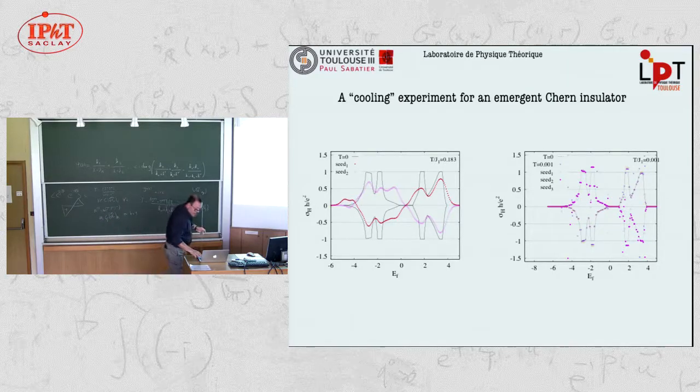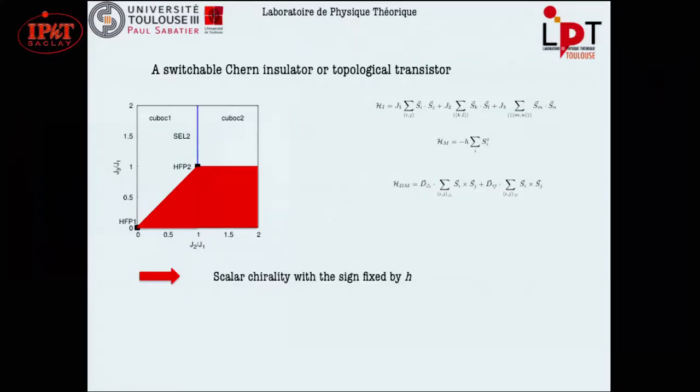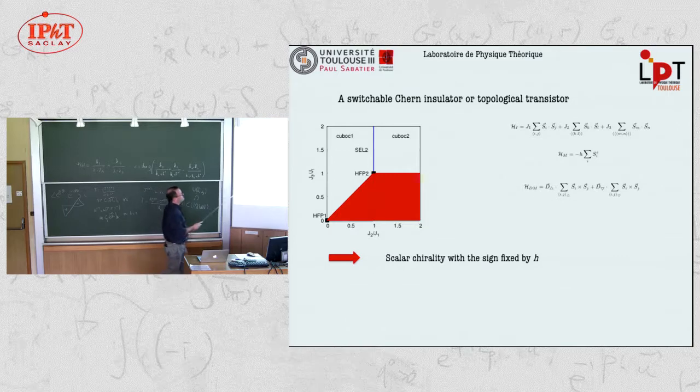Okay. Another idea that I wanted to share with you is that let us go back to our classical spin model. And we can focus on all this area, which is the Q equals 0 area, the same as before. But now we take a Dzyaloshinskii-Moriya term which has the same sign for both triangles.